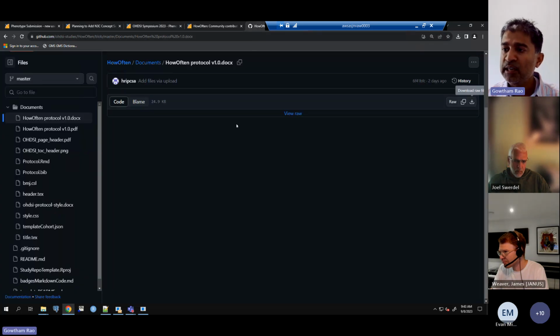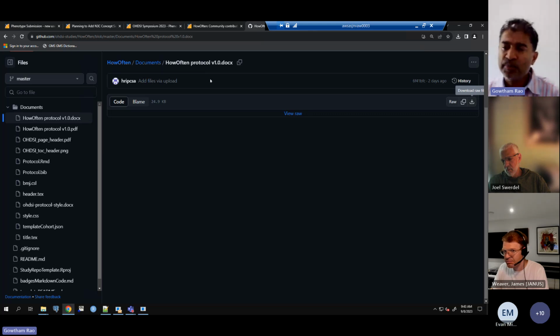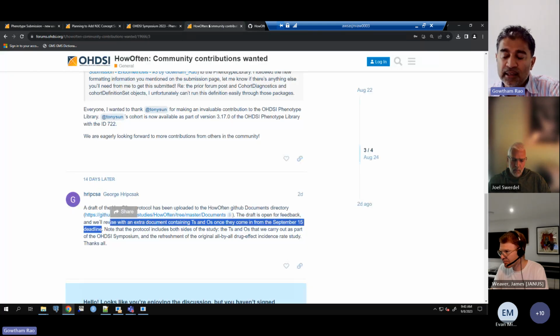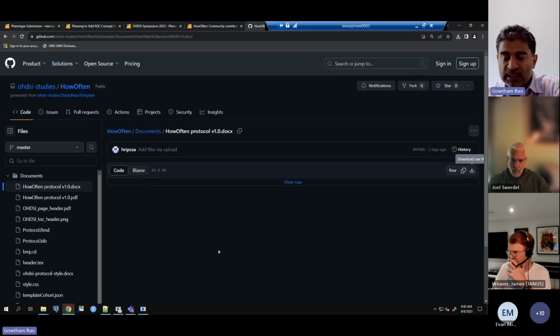The two named leads for How Often are George Ripshak and Patrick Ryan. I have talked to Patrick about it, and we did not come to an agreement on whether this should be appended to the How Often protocol or be a standalone protocol. Either way, we need a protocol that has to be written and put into OHDSI studies for public comments, and then we ratify it.